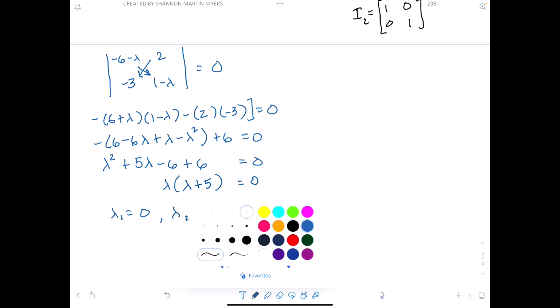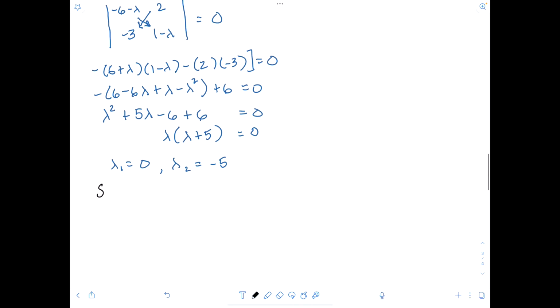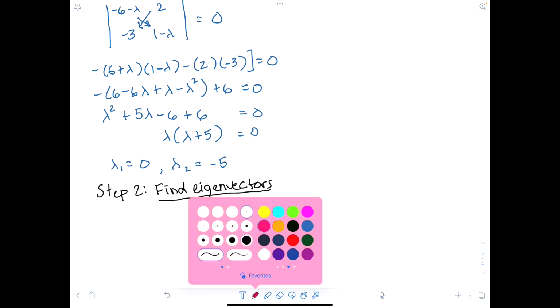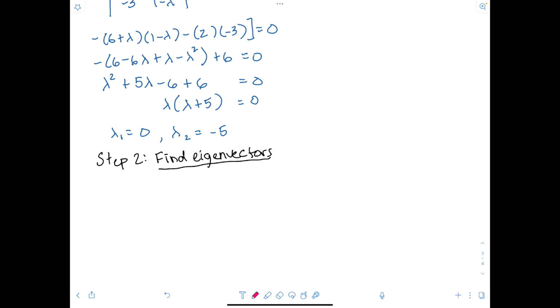Now, second step. We want to find the eigenvectors. So the general equation is we want to take A minus lambda times I times that k vector equal to the 0 vector. So this is going to give us vectors.